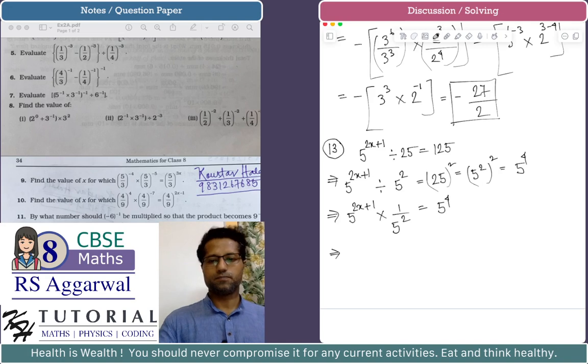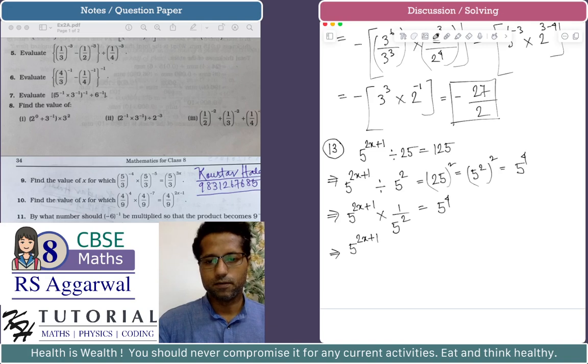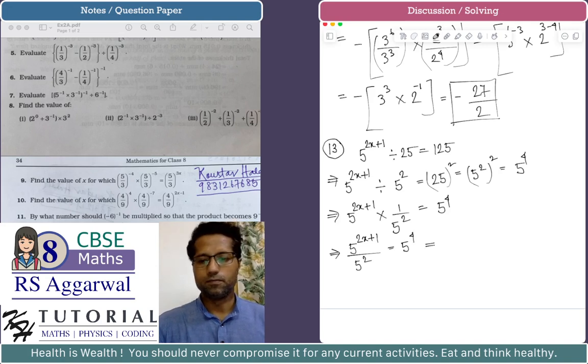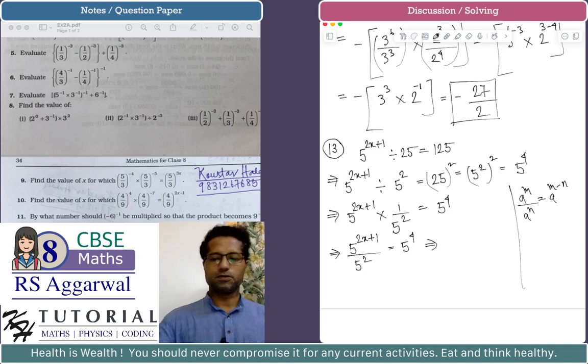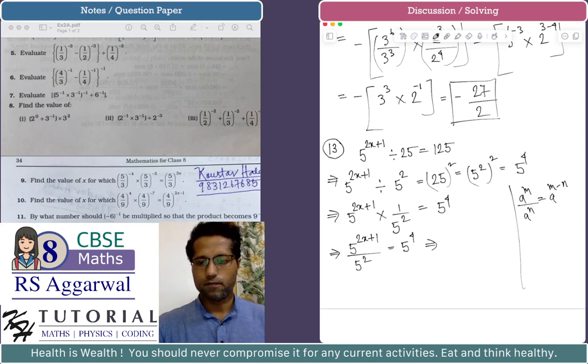So now this becomes 5 raised to the power 2x plus 1 divided by 5 square is equal to 5 to the power 4. This implies that we know that a to the power m divided by a to the power n is equal to a to the power m minus n. We are applying these laws of exponents on the left hand side, we get 5 raised to the power 2x plus 1 minus 2 equals 5 raised to the power 4.